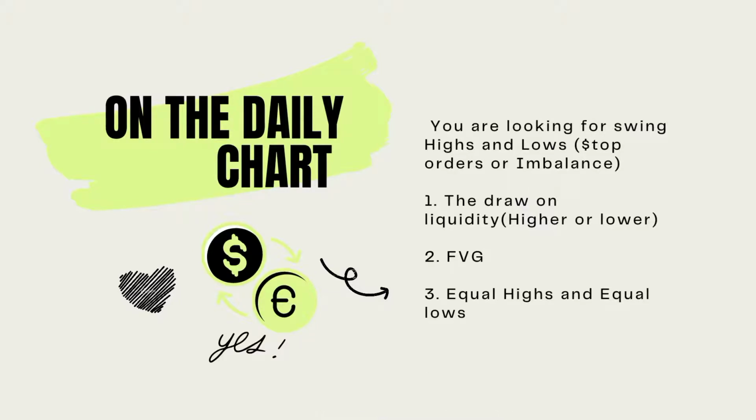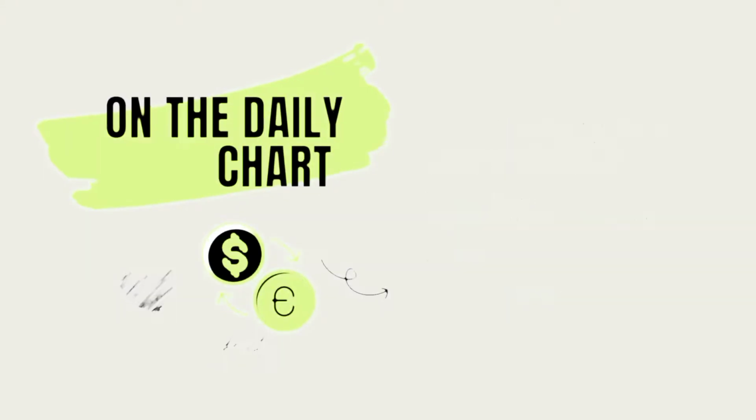Okay, so now you've successfully gotten your markups. You marked up the highs, the lows, the equal highs, the fair value gaps, the FVG, and you've determined your weekly bias, where the market is most likely to draw to for the week. Now, where is price coming from and where is it likely to draw to on the daily time frame?